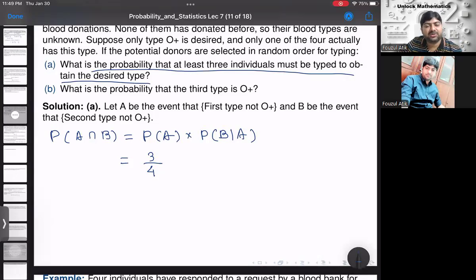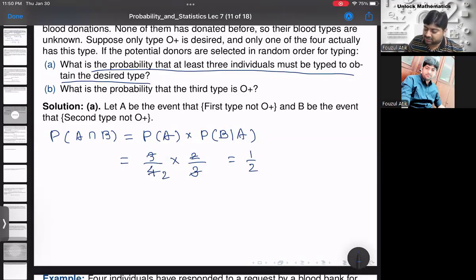Therefore, what is the probability of B given A? Yes, it should be 2 by 3, because 2 do not have O positive blood and there are 3 remaining, so it is 2 by 3. And therefore this probability of A intersection B is 1 by 2 if you simplify. I hope it is clear. So this A and B will happen. Therefore, at least 3 individuals must be typed to obtain the desired type.